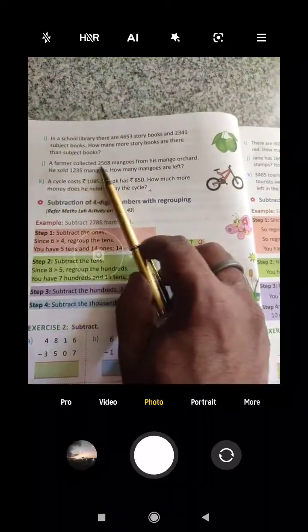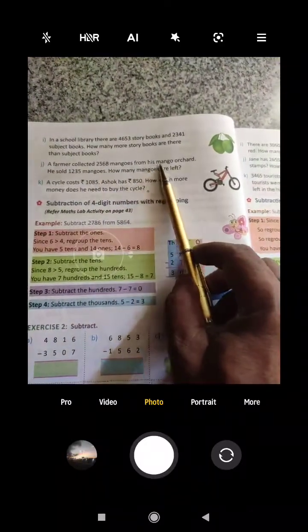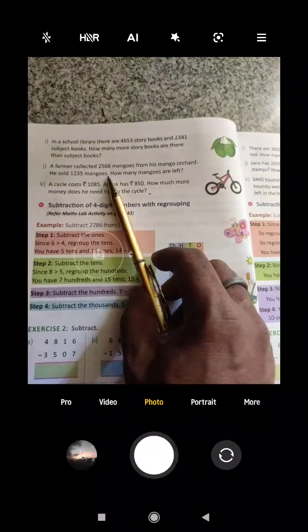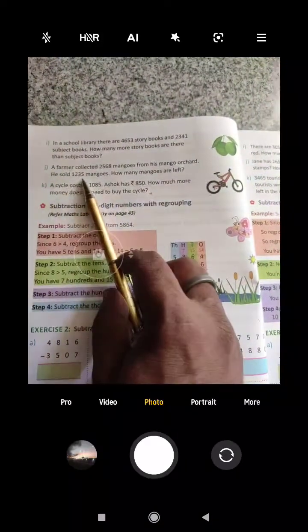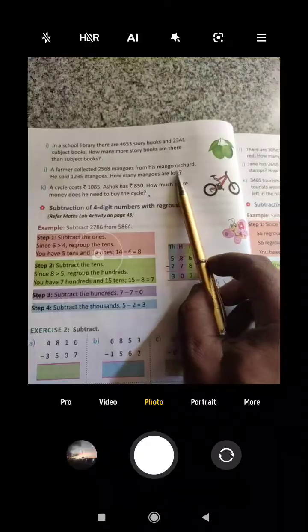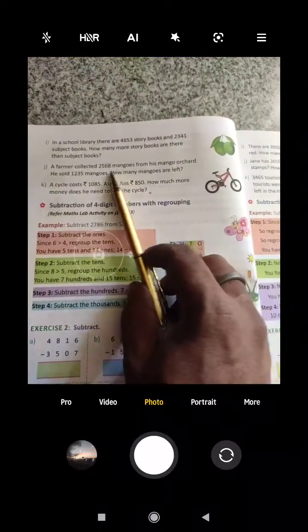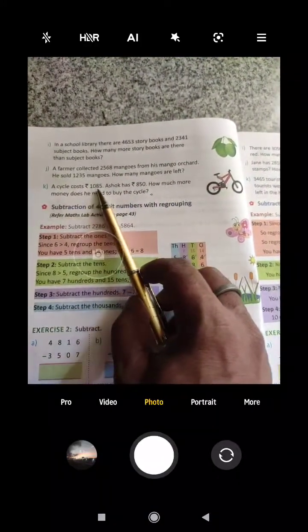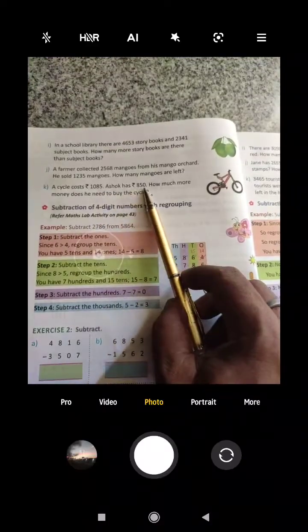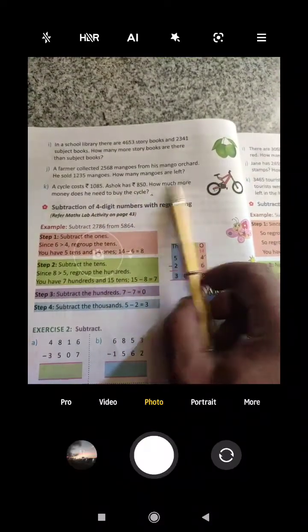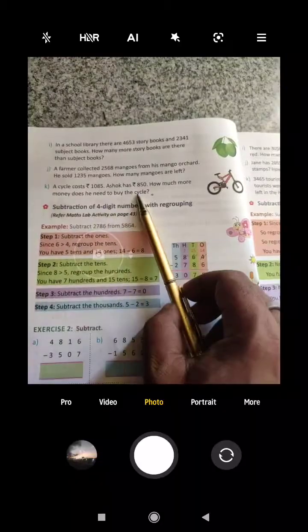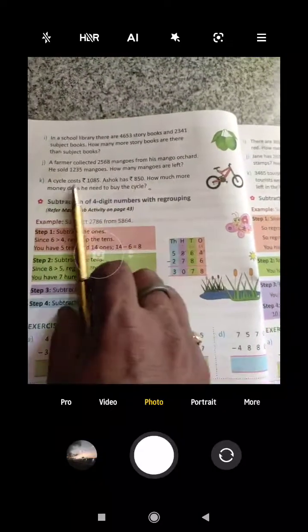A farmer collected 2568 mangoes from his mango orchard. He sold 1235 mangoes. How many mangoes are left? Subtract this one. A cycle costs 1085 rupees. Ashok has 850 rupees. How much more money does he need to buy the cycle? This also will be subtracted.